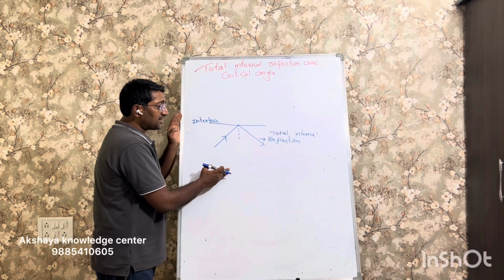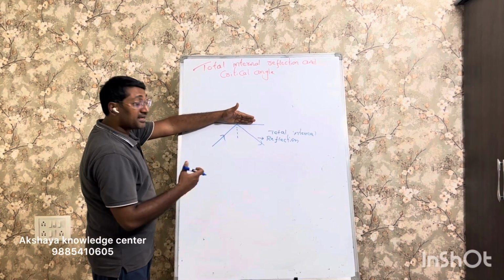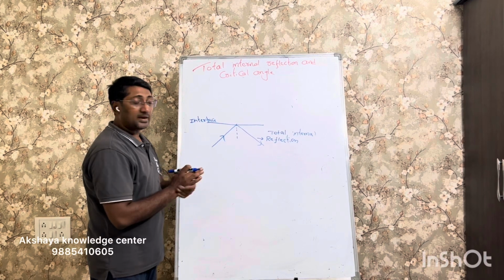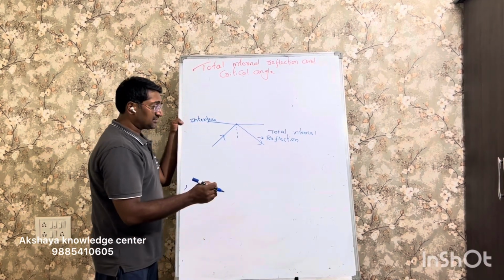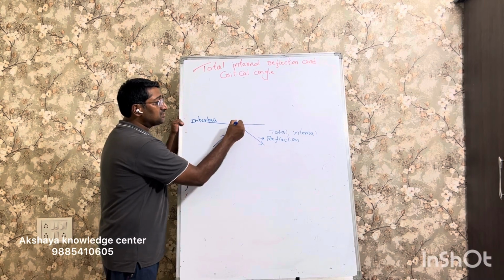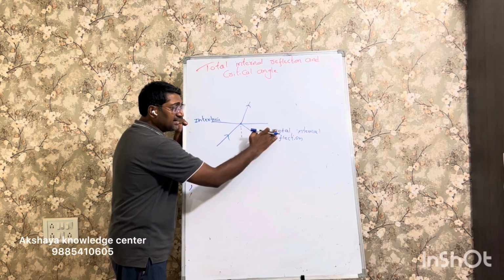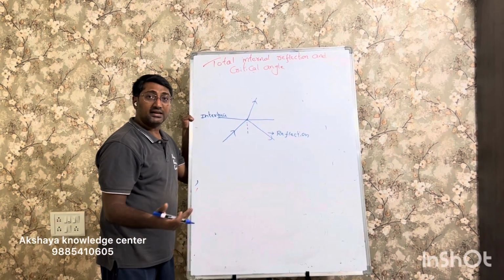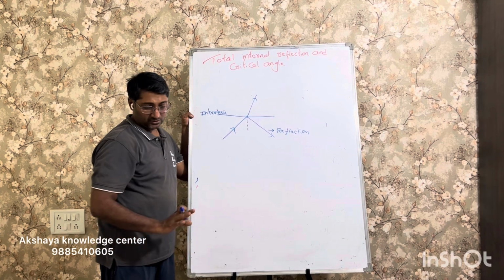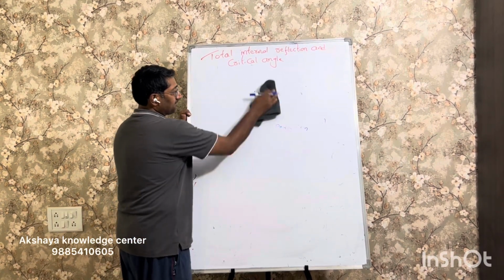In total internal reflection, nothing goes to the other side. That means this surface behaves like a pure mirror, like a metal coat, and everything comes back. In case of reflection, some energy will travel to the other side, and the remainder comes back to the same side. Then we call it only reflection and not total internal reflection. That is the concept. Now, here is my question.